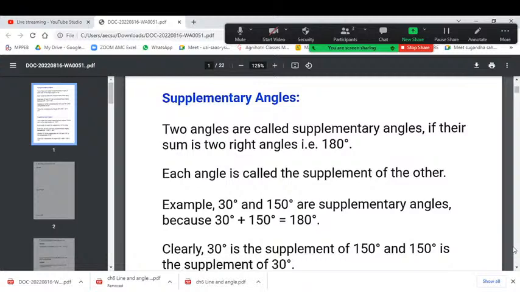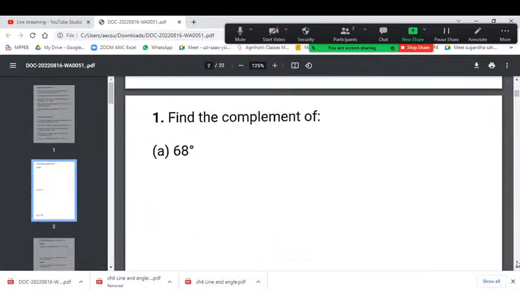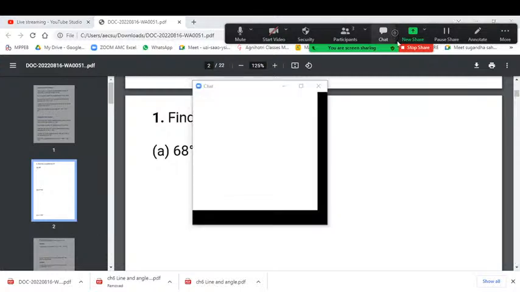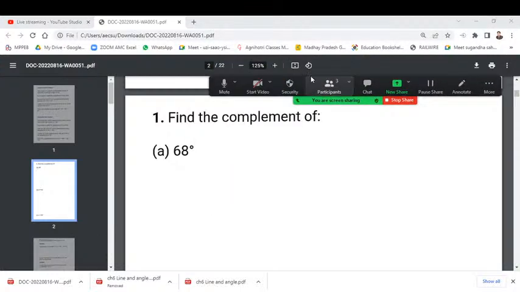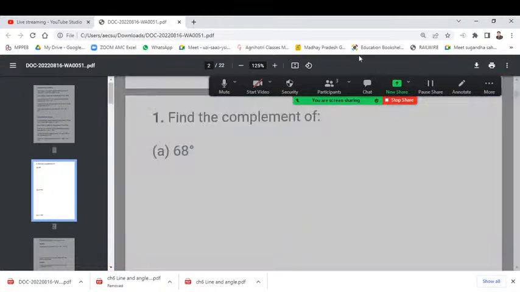Okay, now can you tell me the complement of 68 degree? I want the answer from your side. What will you do to figure out this? So 22, sir.